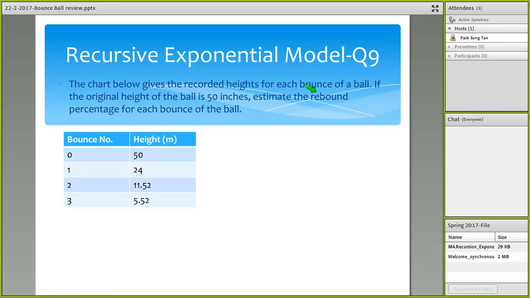Okay, so take a moment to calculate it. And that should be similar to 11.52 divided by 24 times 100.